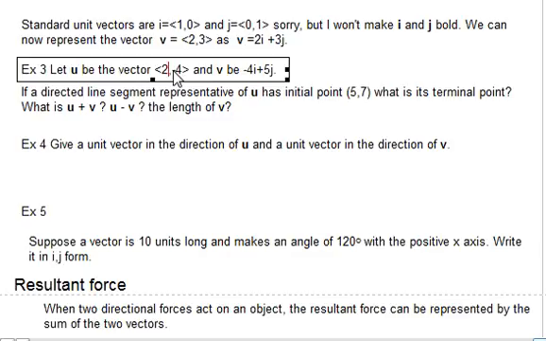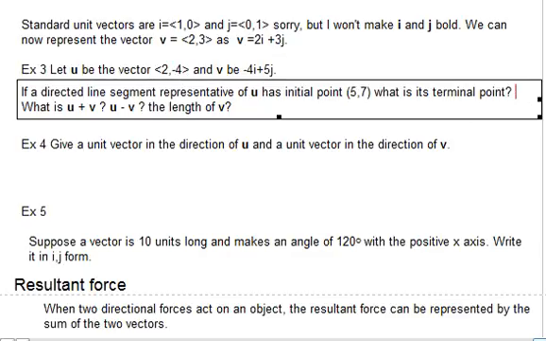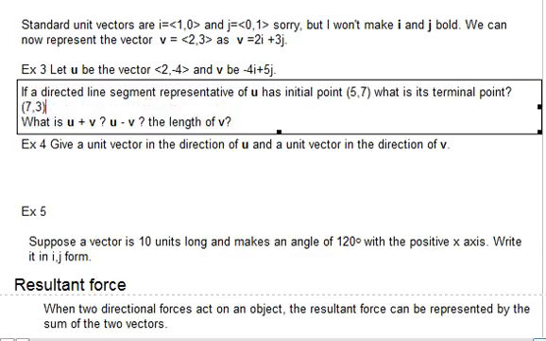Well, it would be 2 more than 5 and negative 4 more than 7. The x value would be 7 because it's 2 more than the 5, and the y value would be negative 4 more than the 7, so 7, 3 would be the terminal point.